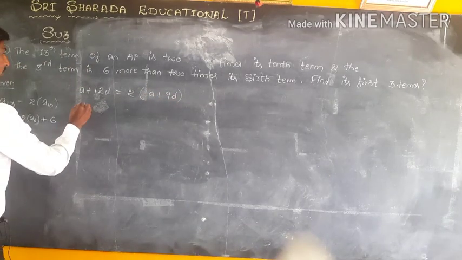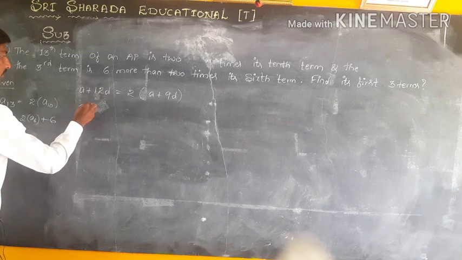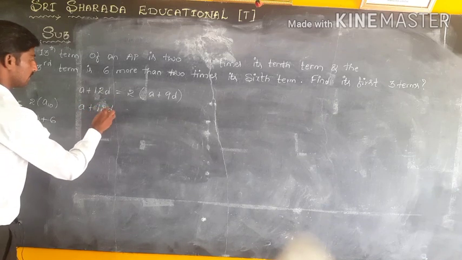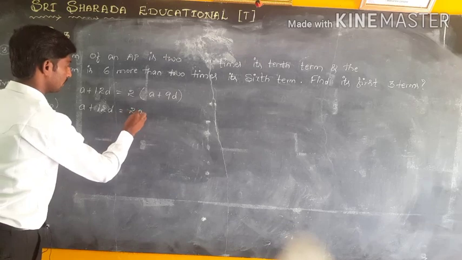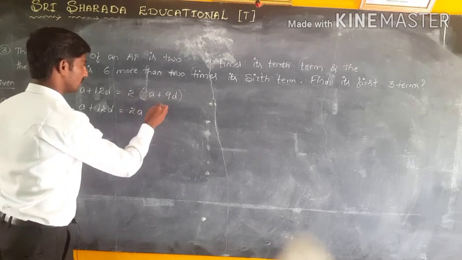Now just solve it. A plus 12D is equal to 2 into A, 2A, plus into plus, plus 2 9s are 18D.